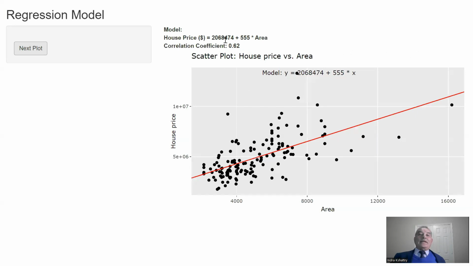And this slope and intercept are called the parameters, estimated from the data using the method of least squares that we discussed earlier.